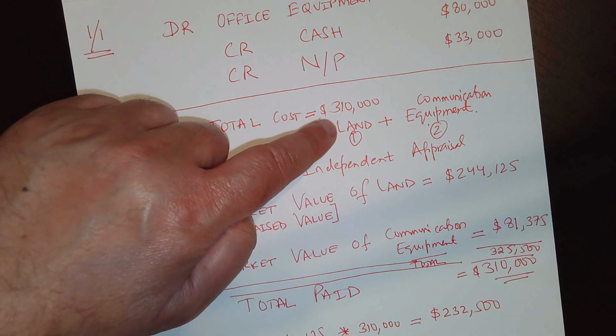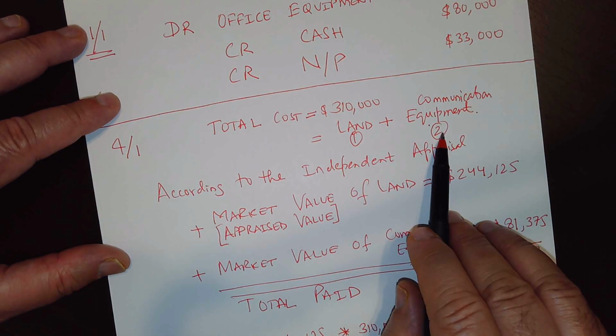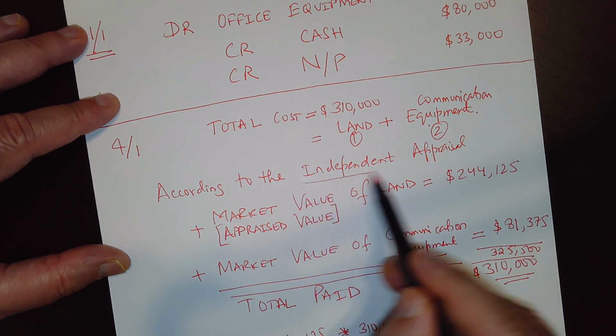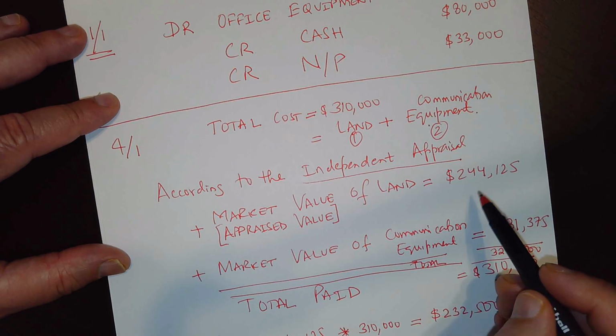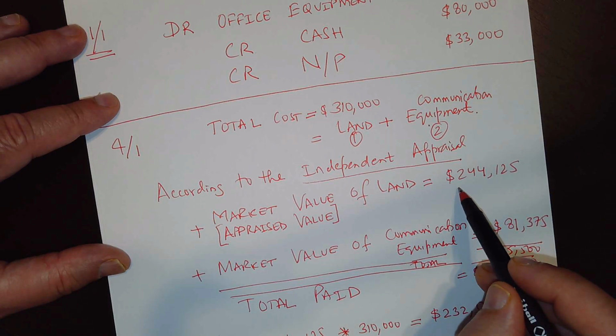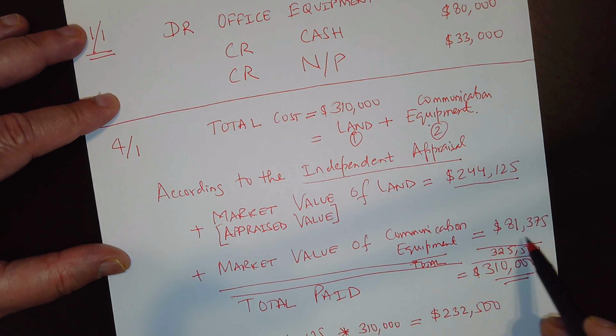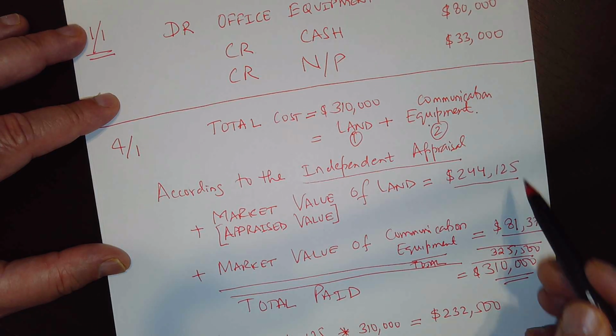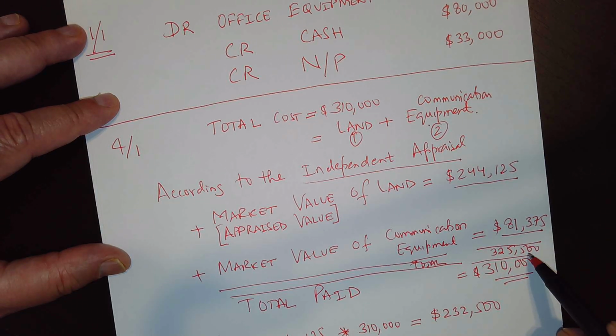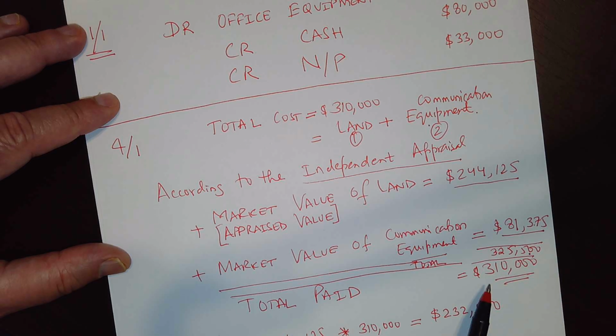We do not know at this point how much is the land and how much is the equipment. So we call an independent appraiser, and he told us the market value or appraised value of the land is this much, and for the communication equipment this much. When we total these two, it is 325,500, but we paid only $310,000.